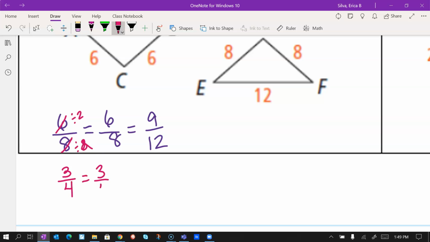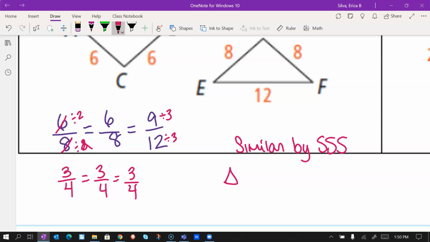This one will be the same. And what do we divide the 9/12 by to simplify it? 3, and we get 3/4. So are our sides proportional? Are they all equal? Yes. So then these are similar by side.